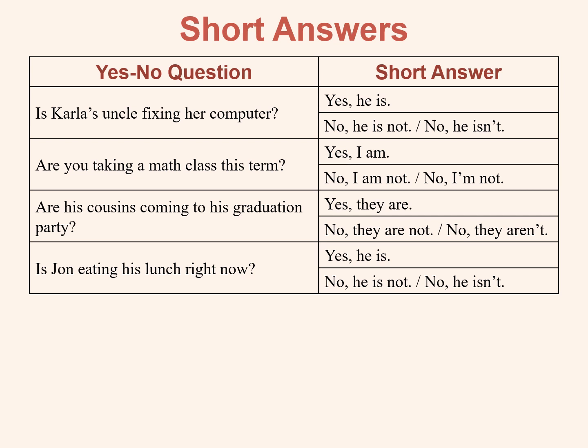And then we use the appropriate form of the verb am or is or are. So with he, we get is. In the negative, we get no. Then again, he is, but now we need not to indicate that it's negative. So no, he is not, or no, he isn't.